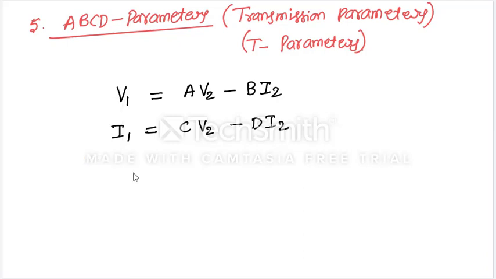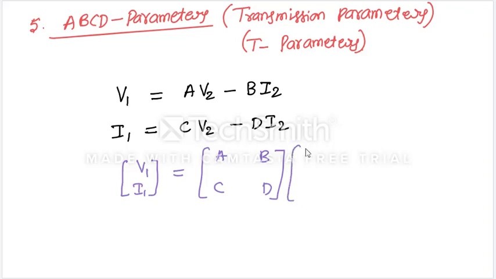Now we can write the matrix form: [V1; I1] equals the matrix [A B; C D] times [V2; minus I2]. Here the left side is the dependent variables and the right side is the independent variables.